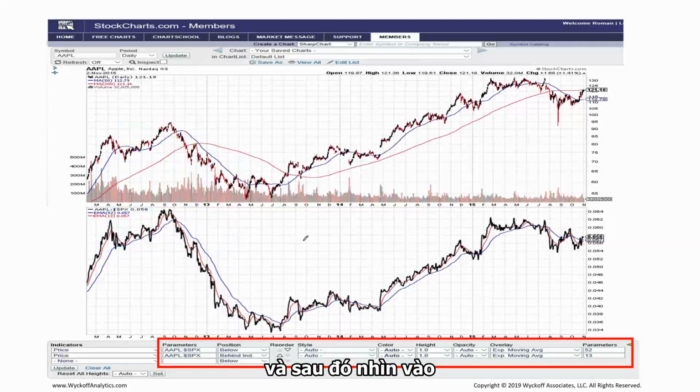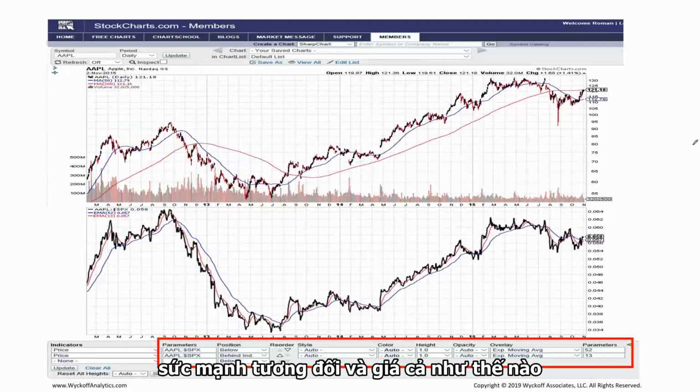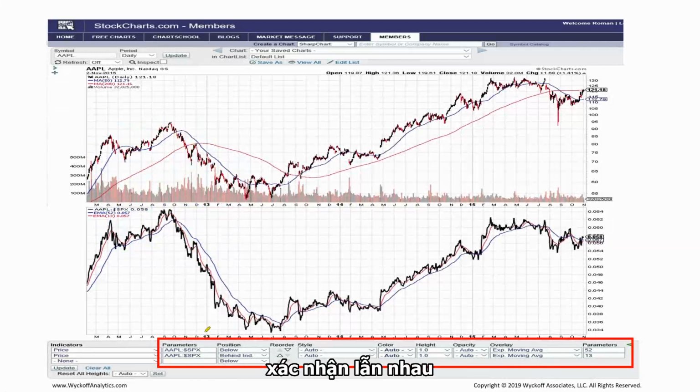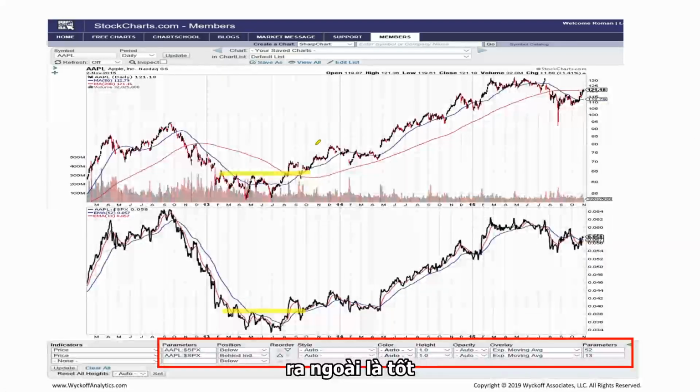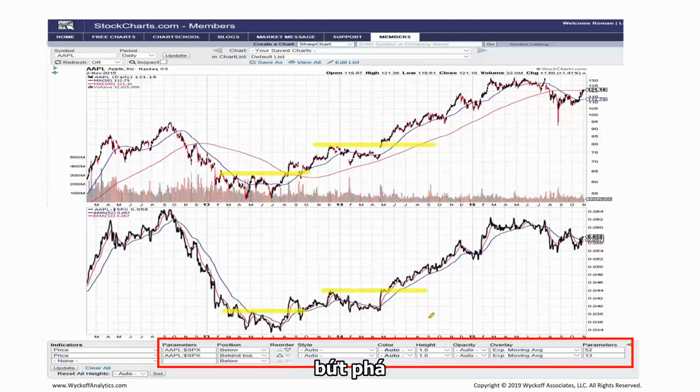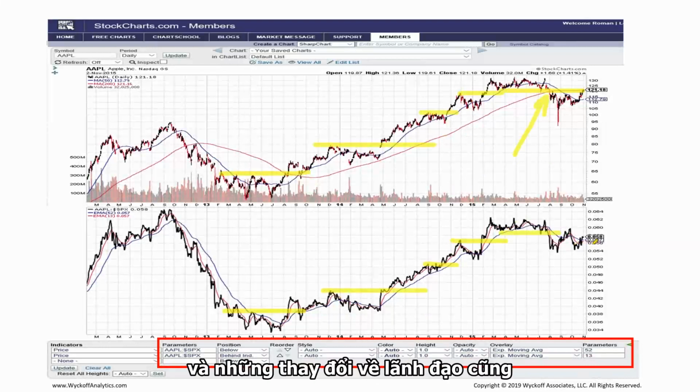And then look at how the relative strength and the price confirm each other when the price starts to break out and the relative strength is breaking out as well. Breakout, breakout, breakout, breakout, breakout, break to the downside, and the leadership changes as well.